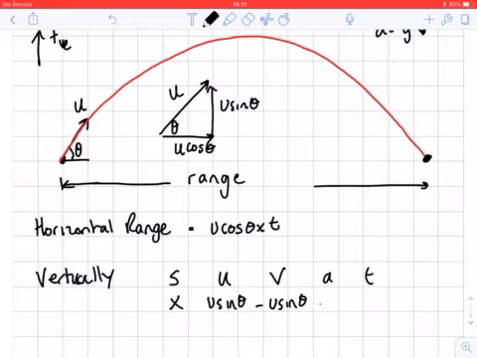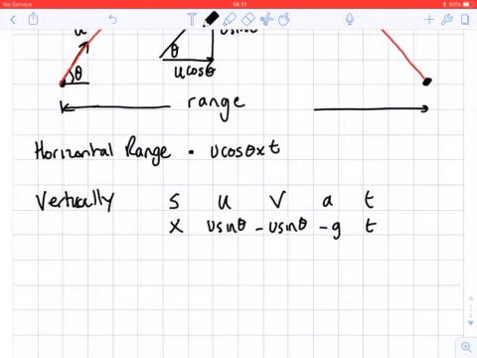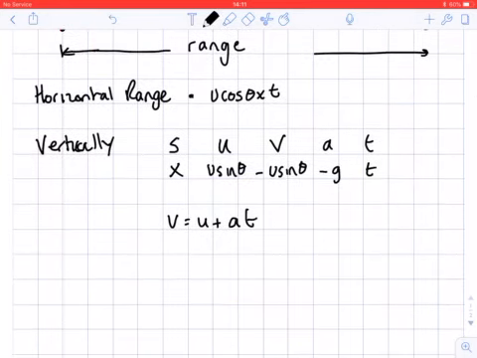A is given as minus g, because we've taken initial projection upwards to be positive, so gravity is negative acting downwards. And t is the time taken for the object to start and then hit the ground again, which is the time we need to find the horizontal range. So looking at that, we have u, v, a and t, and the only Suvat we have there is v equals u plus at. Now I want time, so I'm going to rearrange the equation straight away to v minus u over a, and substitute in everything we know.